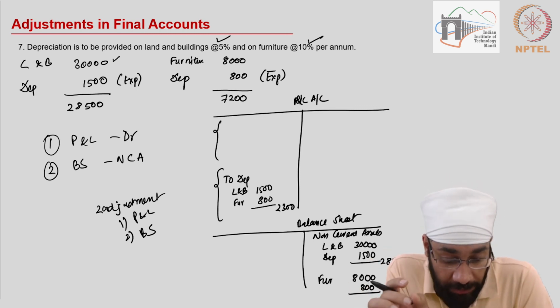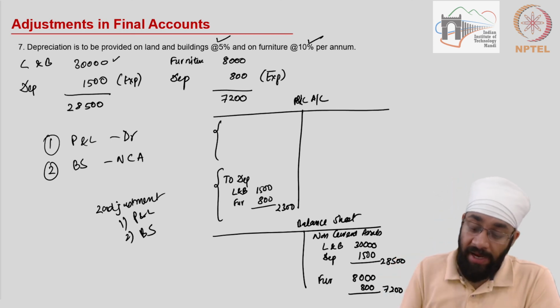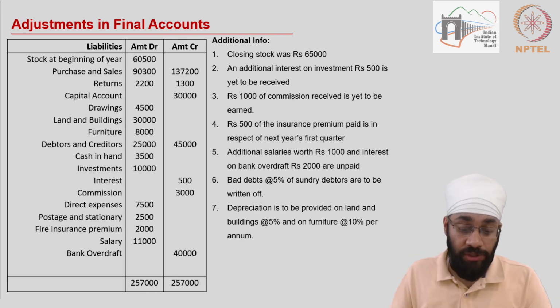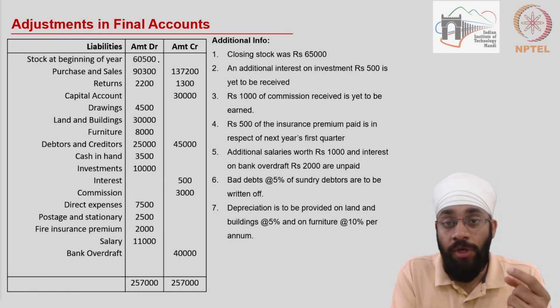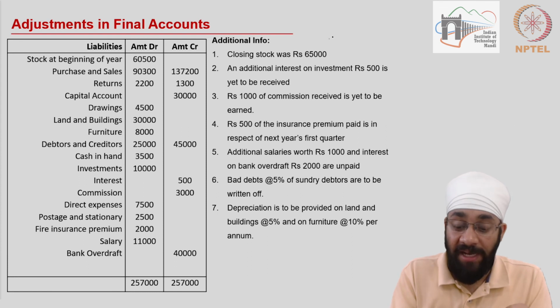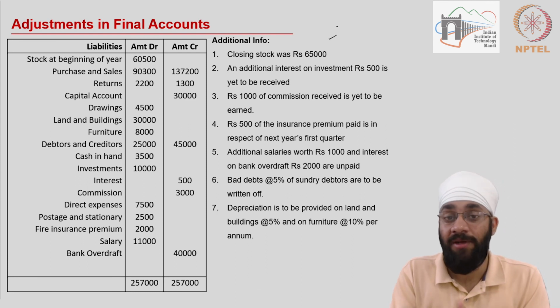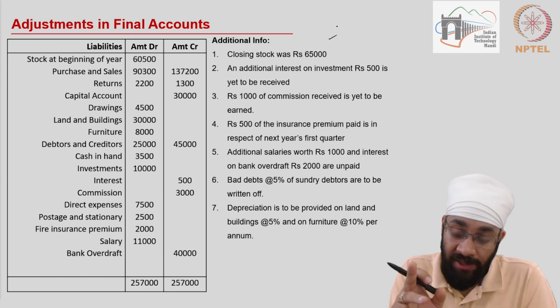So to sum up, all the adjustments are going to go to two places, and compared to this, from the trial balance we have learned all the items go to only one place, either the balance sheet or the income statement. However, for the additional information, all the transactions go to two places, one in the balance sheet, other in the income statement.